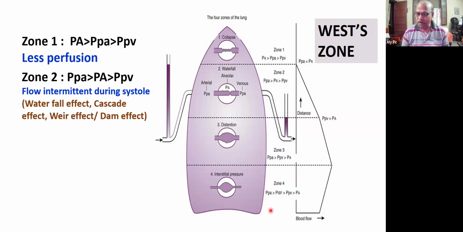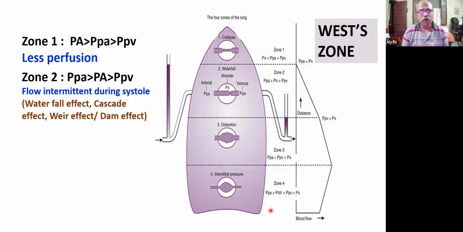The alveolar pressure may rise due to positive pressure ventilation, use of PEEP, and all these things. And of course, the pulmonary arterial pressure can drop because of hemodynamic disturbances.